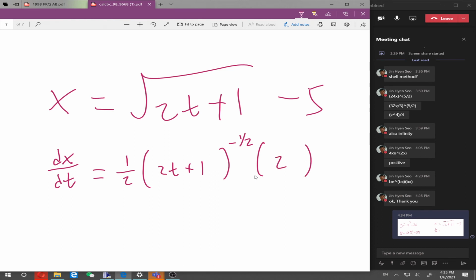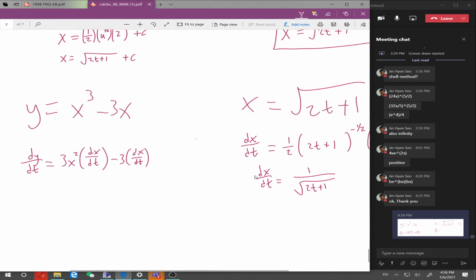Awesome. So that 2 and the 1 half will cancel. So that means we're left with just, because this is a negative power, that's 1 over, and because it's a power of 1 half, this will be a square root. So this will be dx over dt is equal to 1 over the square root of 2t plus 1.